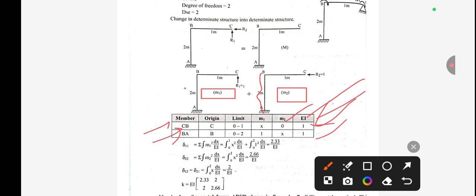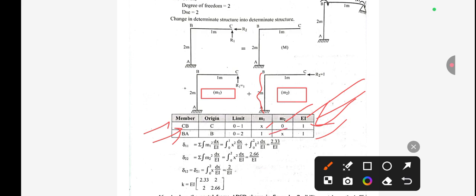Now we need to calculate delta 11. Delta 11 means the integration of M1 square dx by EI. The value of M1 we have already calculated: x for the CB section and 1 for the BA section.